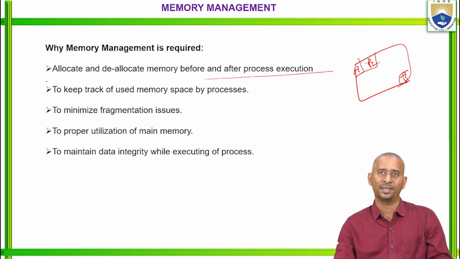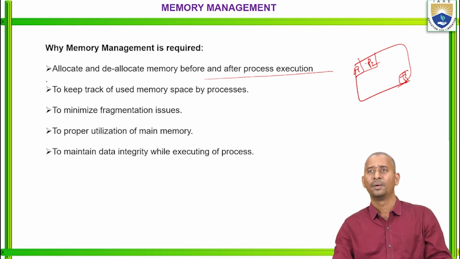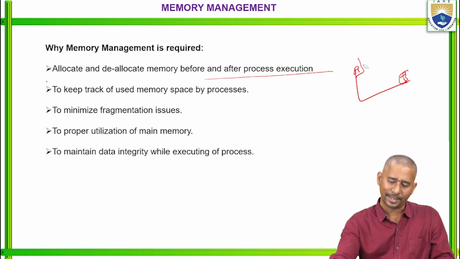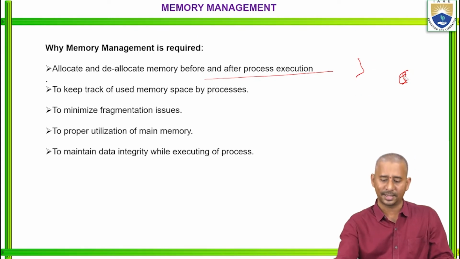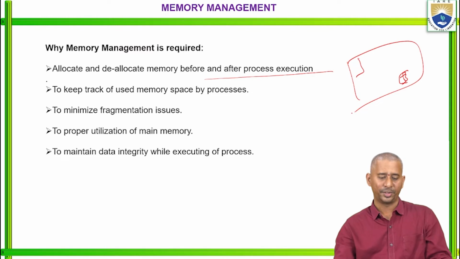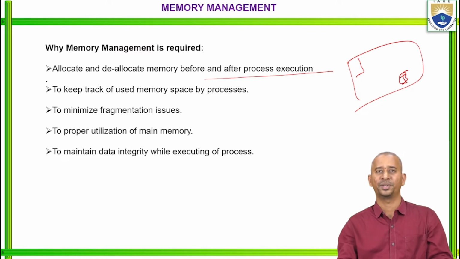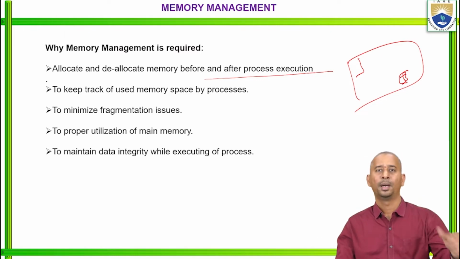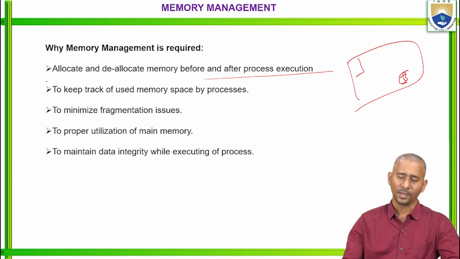Later we will discuss what is meant by fragmentation, because whenever we allocate and deallocate space, there exist some fragmentation issues, and we need to minimize them. Fourth, proper utilization of main memory. Whatever primary memory we have, we need to utilize it properly.